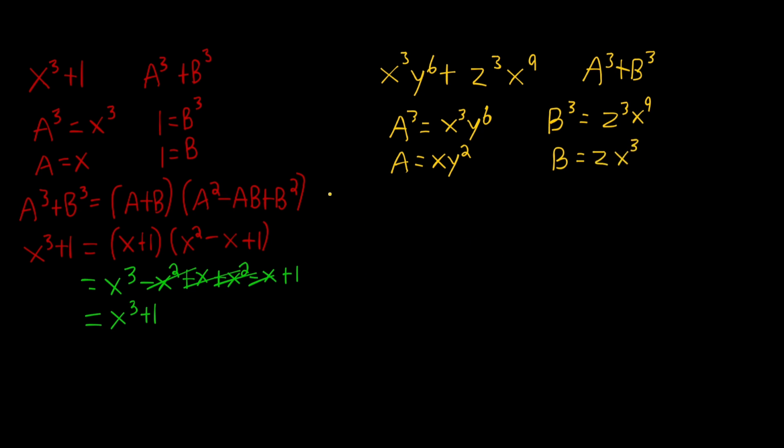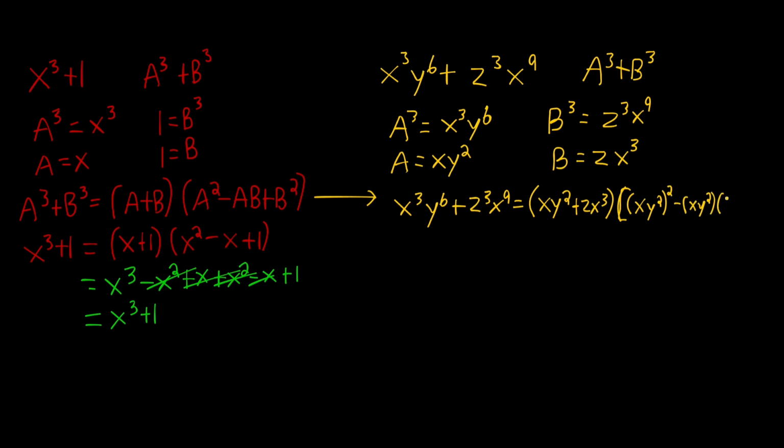So following the same pattern that we have on the left there, we get that x cubed y to the 6th plus z cubed x to the 9th is equal to, and we have a plus b, so that's xy squared plus zx cubed. Now we're going to have, and this is where it probably comes in handy to have multiple smaller brackets, xy squared squared minus a times b, so that's going to be xy squared times zx cubed, and we'll have plus zx cubed squared at the end there.